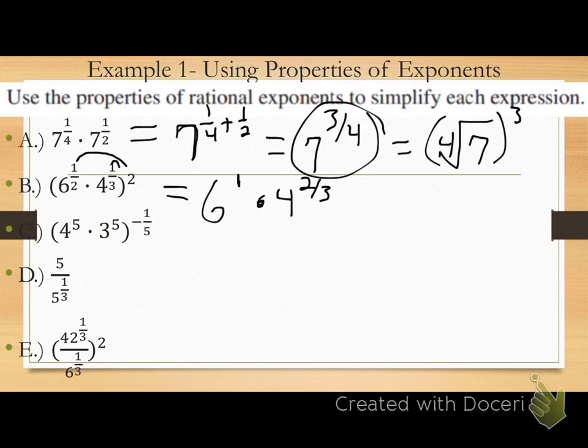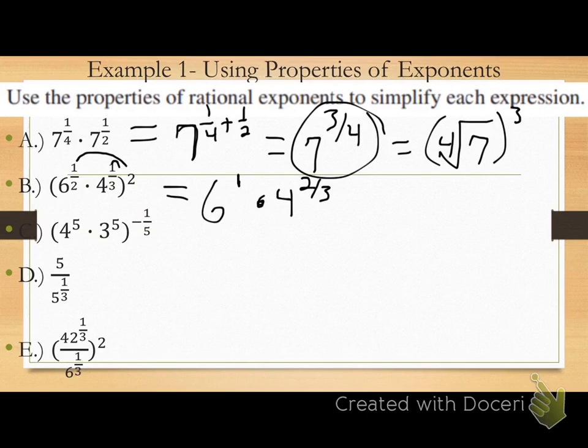What else can I do now? Add the exponents. Everyone agree with that? So I'm adding 1 and 2/3. Is that correct or no? Not quite. Why can we not add the exponents? They don't have the same base.